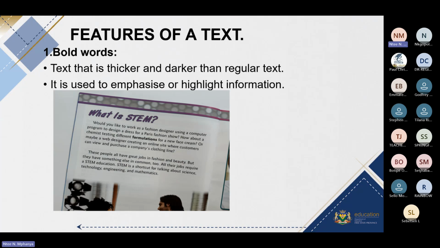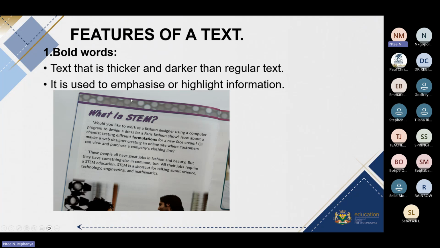Look at the way the phrase or the question, what is STEM? It's written in bold type, but what is most important for this lesson is formulations. Can you see the word formulations?